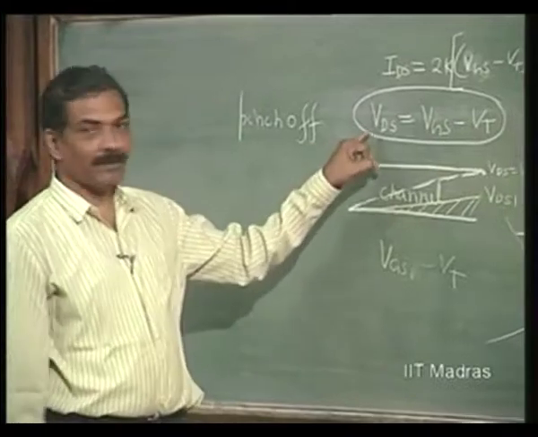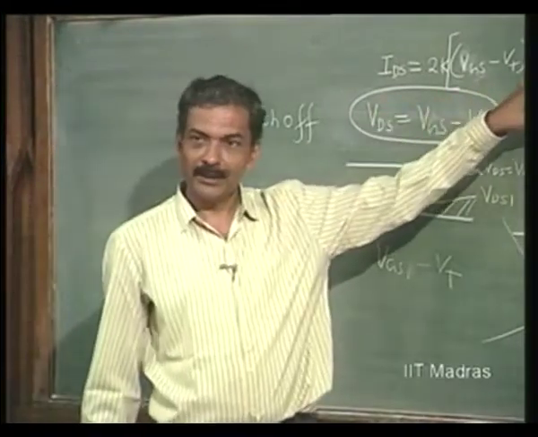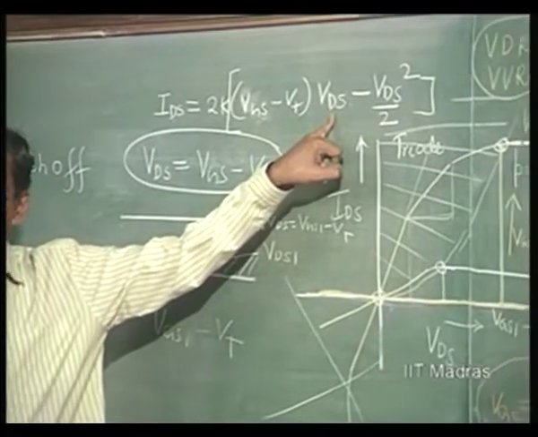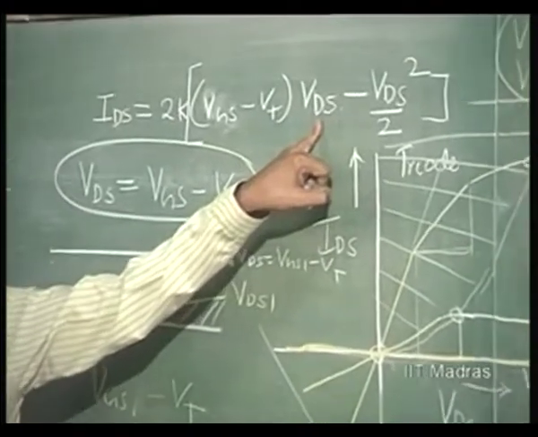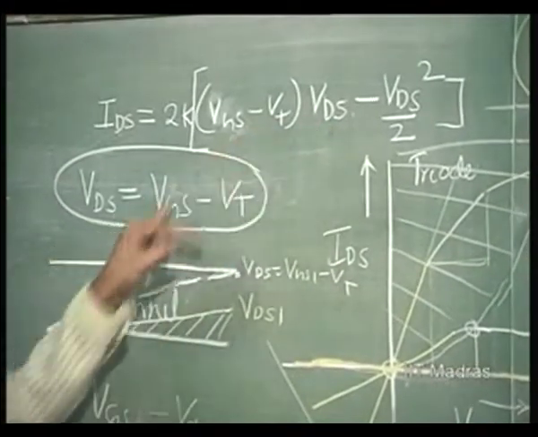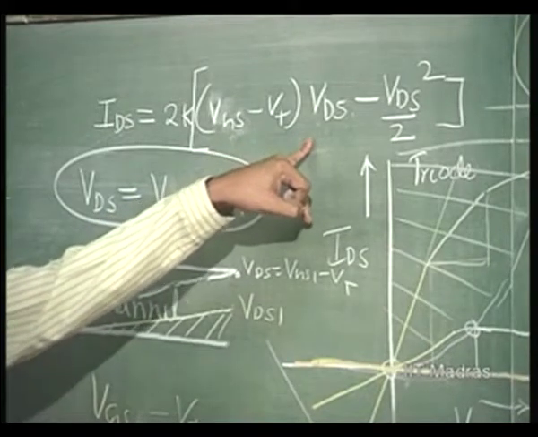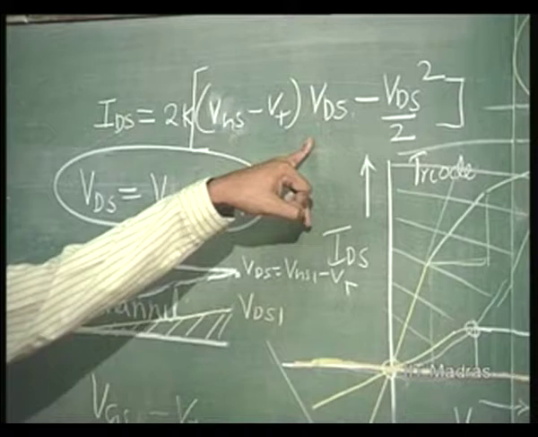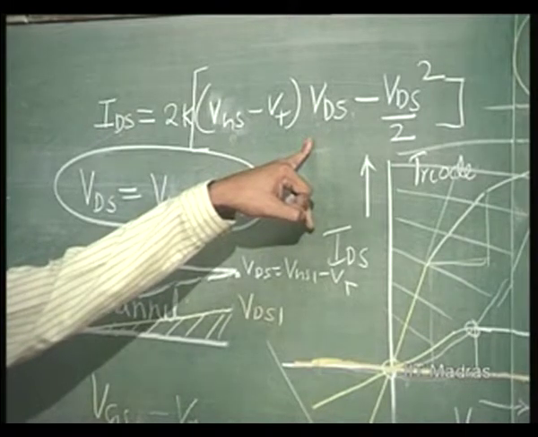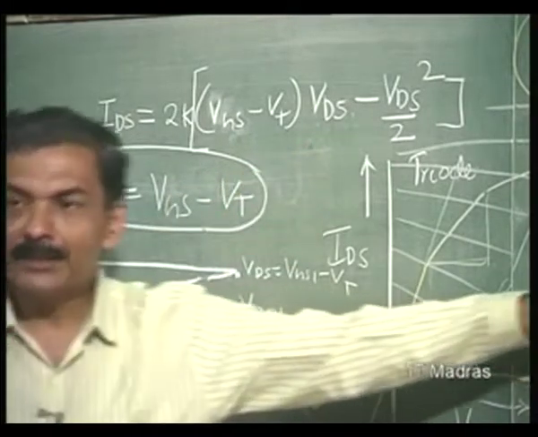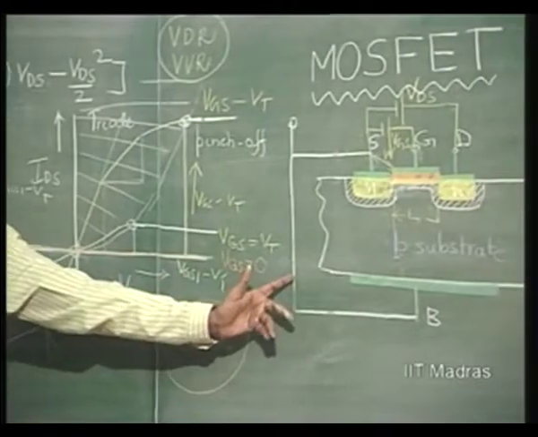So, you can substitute the value of VDS in this expression, that should give us the value of current saturation. Substitute VDS equal to VGS minus VT, thereafter it is independent of VDS. Current has reached saturation, what it means is it remains the same whatever be the value of VDS.